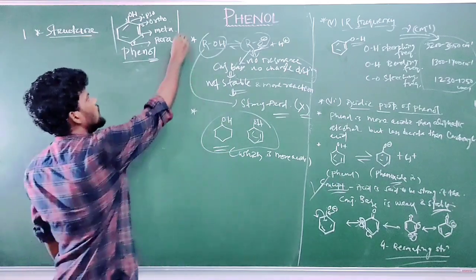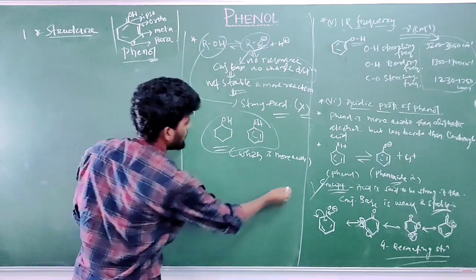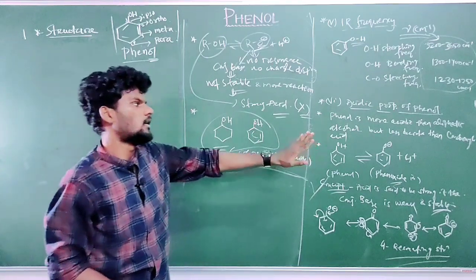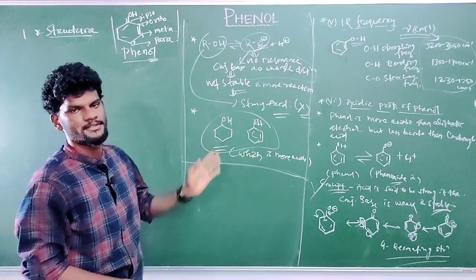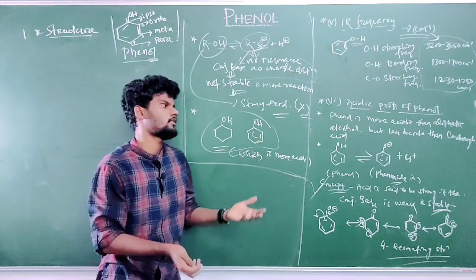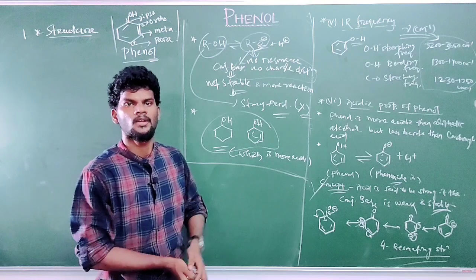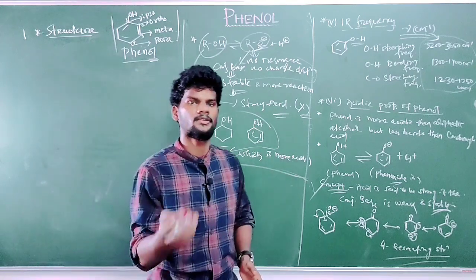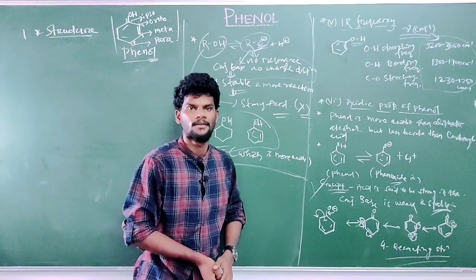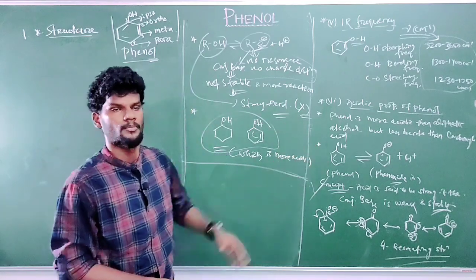So we studied that phenol is more acidic than aliphatic alcohol, and why phenol is acidic. Next, suppose that to the phenol ring there are substituents or groups attached, meaning electron donating groups or electron withdrawing groups. Then what will be the acidity trend of those compounds?